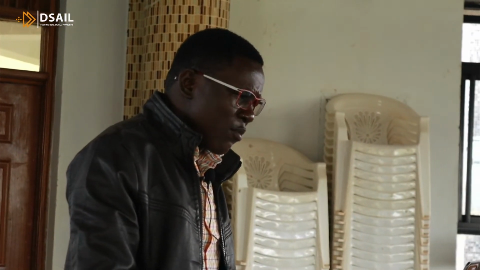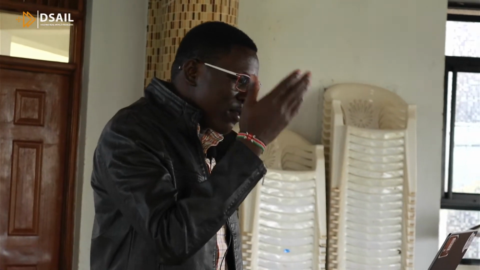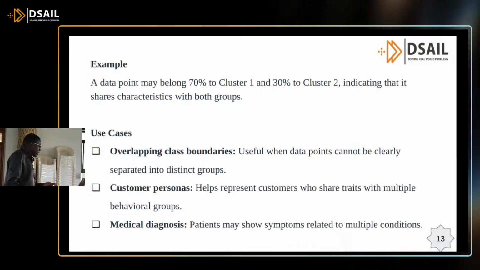So in most cases, for an example, maybe 70% falls in one class and another 30% in another cluster. So in this case now we are able to capture the overlaps between clusters.